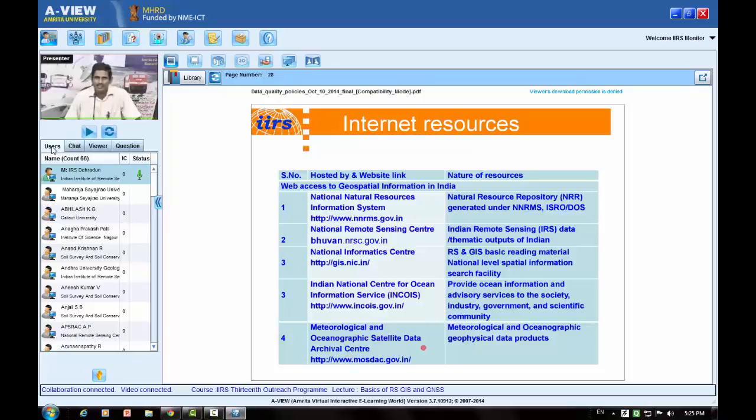Another is the Meteorological and Oceanographic Satellite Data Archive Center, called MOSDAC. MOSDAC is available as part of ISRO at the Space Applications Centre, telling about all meteorological information. For example, the cyclone is active now in South India.